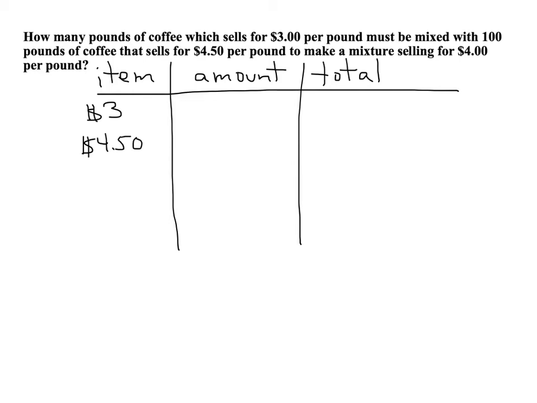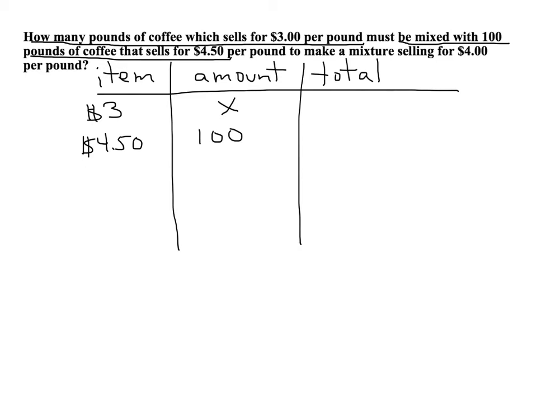It asks me in the question how many pounds of coffee which sells for $3 per pound, so I don't know that amount. But it does say I have 100 pounds of coffee that sells for $4.50 per pound, so I know the amount of that is going to be 100.